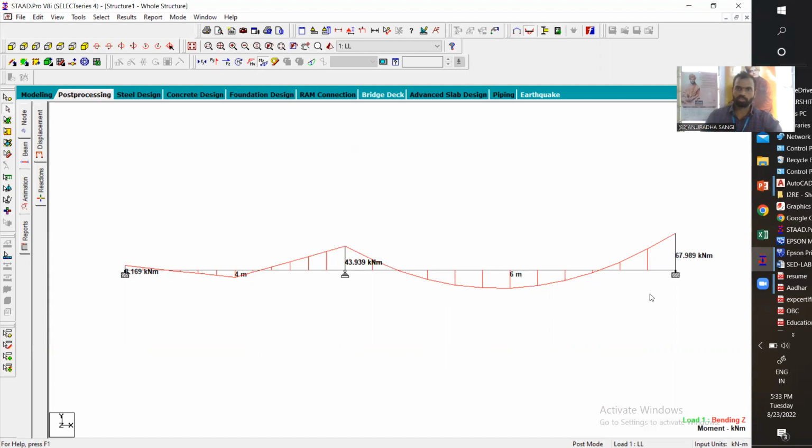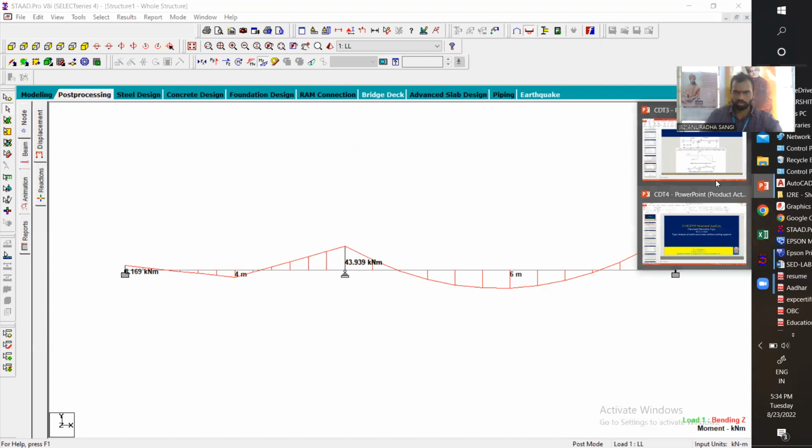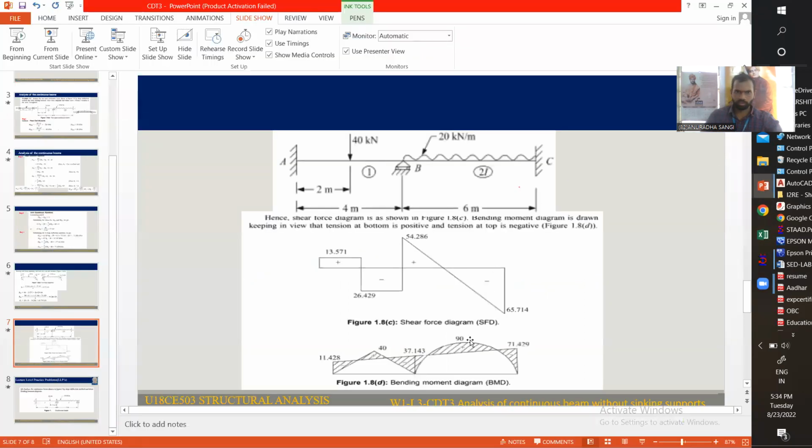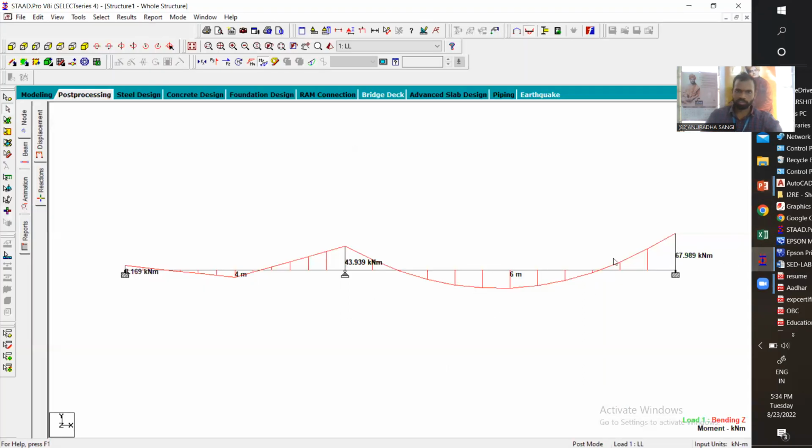Because this approach is different. Here, STAAD Pro uses the finite element approach, whereas we use the matrix approach in the slope deflection method of analysis. That's why these values are different, but the variation is the same. We are drawing only the net bending moment diagram.